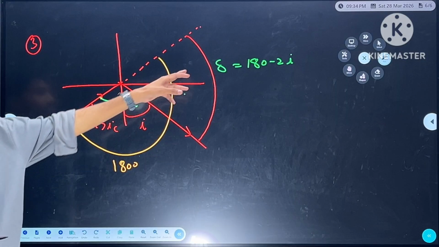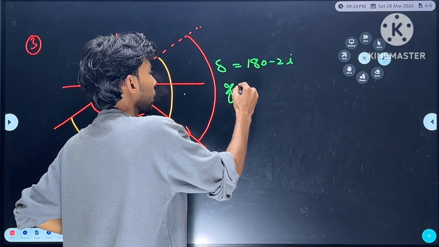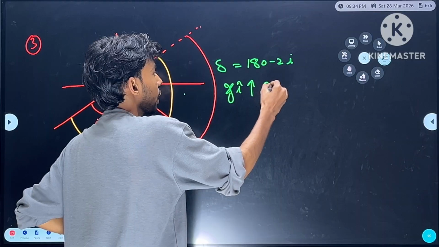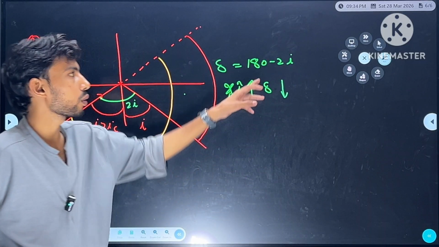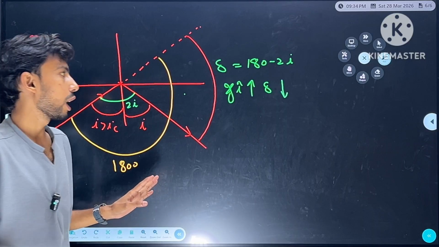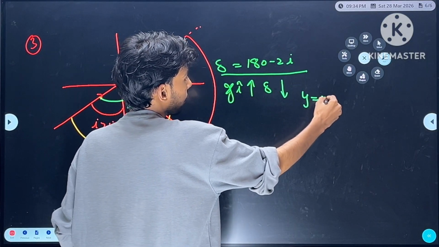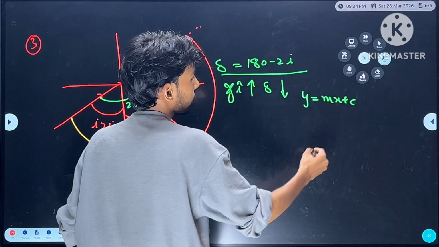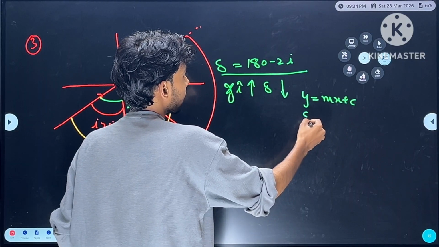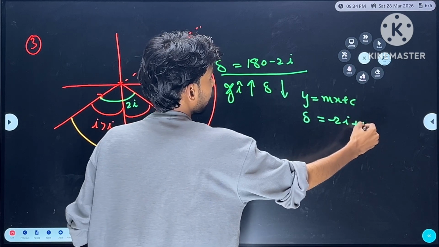So here delta is directly depending on I, and you can see if I increases, what will happen? This delta will decrease because you have to subtract 2I from 180. So if the second term increases, the delta will decrease. And how is it decreasing? If you see this equation and compare it with y equals mx plus c, where y is nothing but delta, you can write it as minus 2I plus 180.